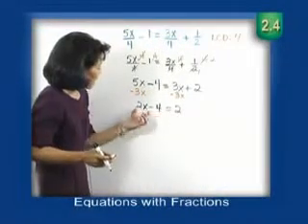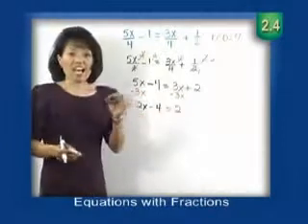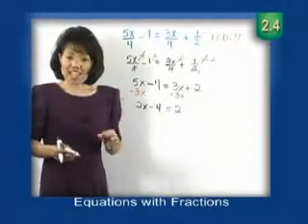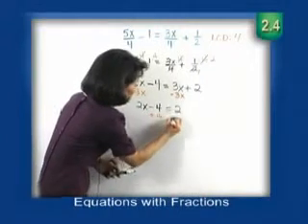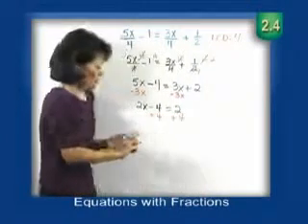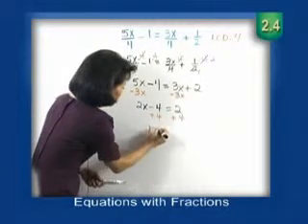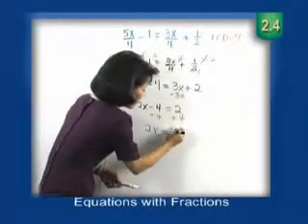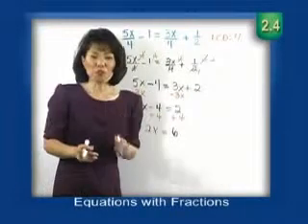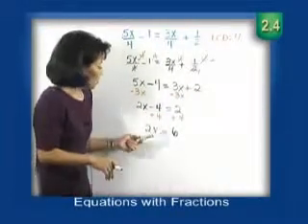Now I need to eliminate the negative 4 because I want to isolate the term that contains my variable. So I'm going to add 4 to both sides of the equation. When I do, I end up with 2x equals 2 plus 4, 6. We're one step away. We have 2x equals 6.